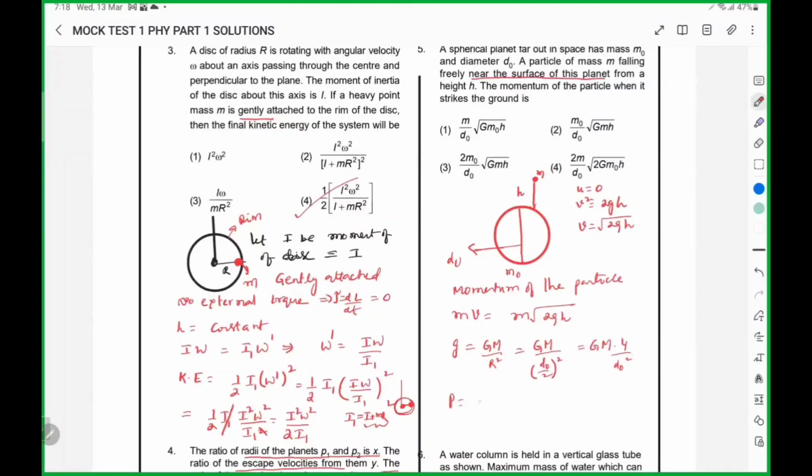So momentum is m into root of 2 into 4 GM naught by D naught square into h, which is 2m by D naught root of 2 G M naught h. So the fourth option is correct.